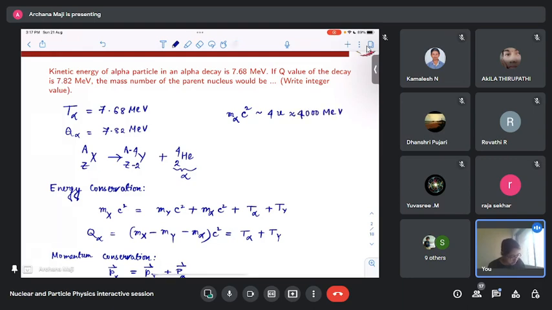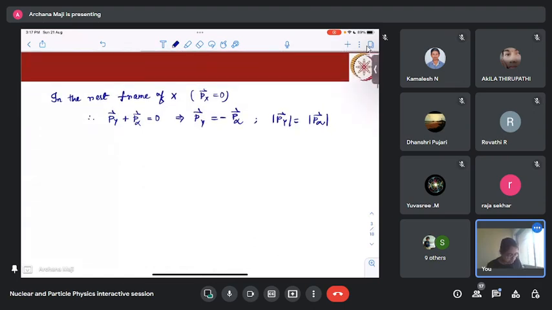Since it is much higher, we consider non-relativistic expressions to write down the kinetic energy.